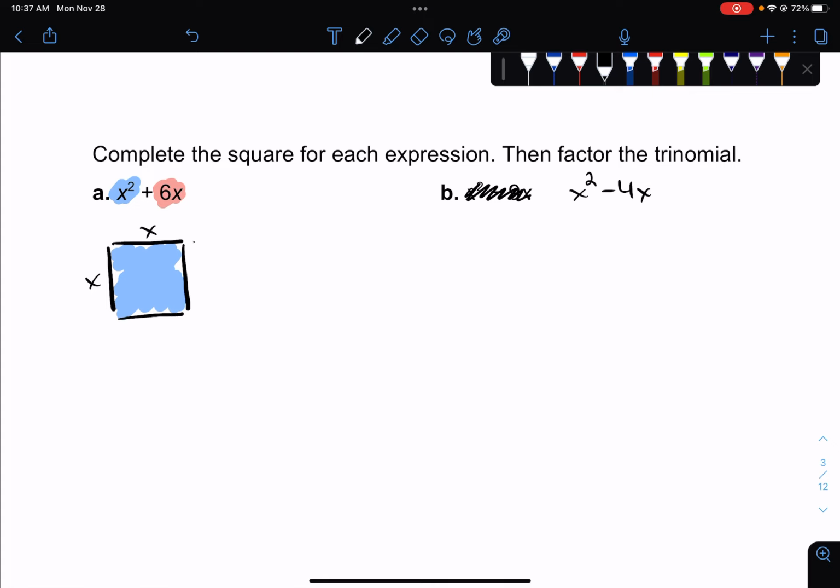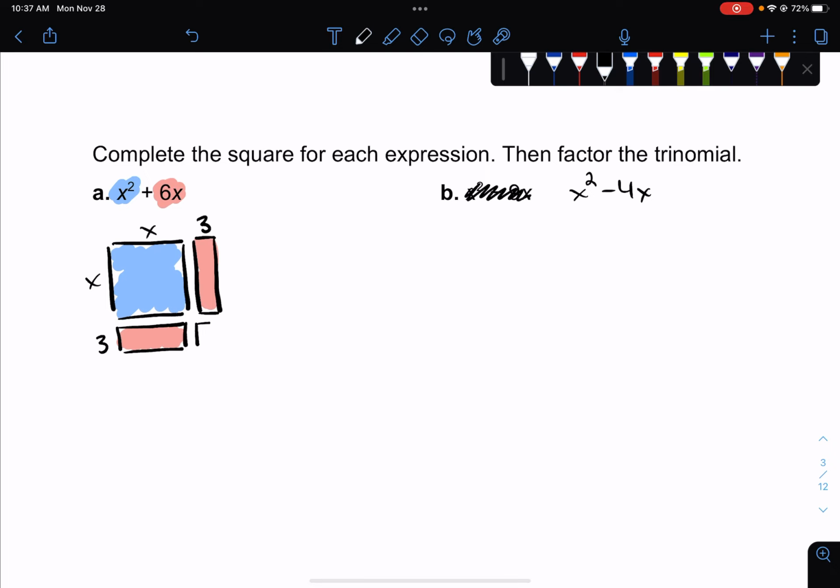And I'm going to do that by adding some of those x's right here and some of those x's right here. So I'm going to add 3 of them to the side and 3 of them to the bottom. So this right here comes from the 6x. Now I almost have a completed square, but I'm missing this corner right here.